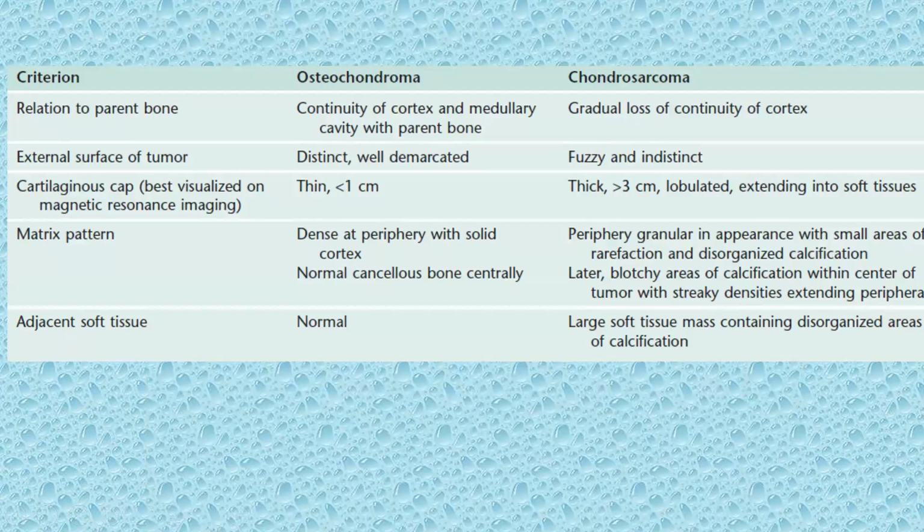So, let's take osteochondroma and chondrosarcoma. What about the relation to the parent bone? In osteochondroma there is continuity of the cortex and medullary cavity with the parent bone. Don't forget this. They have the same medullary cavity, and the cortex is continuous from either side. Chondrosarcoma shows a gradual loss of continuity of the cortex. There is no continuation between the medullary cavity and the lesion.